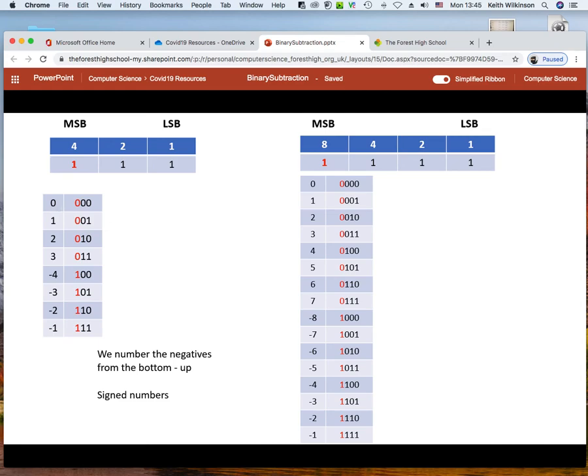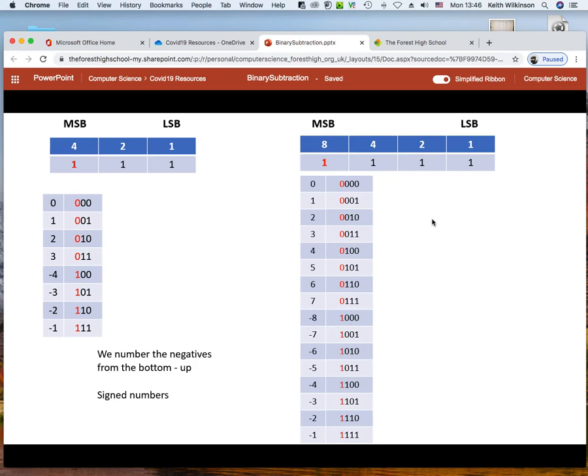Half of 8 is 4, so I do 0, 1, 2, 3 and just use the normal binary pattern. There's nothing different in this. This is just the binary pattern you wrote down. I've only coloured in the very first digit. But I don't continue 4, 5, 6, 7. I start at the bottom counting -1, -2, -3, -4 going upwards. And that is the bit pattern that the computer recognises as a minus number.